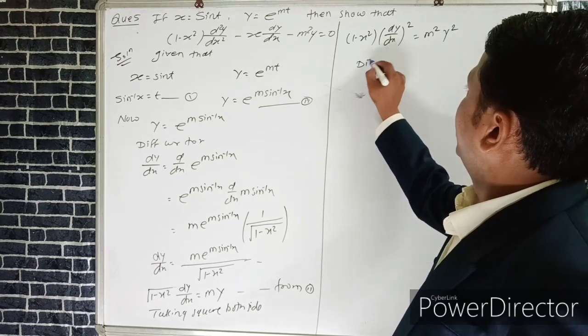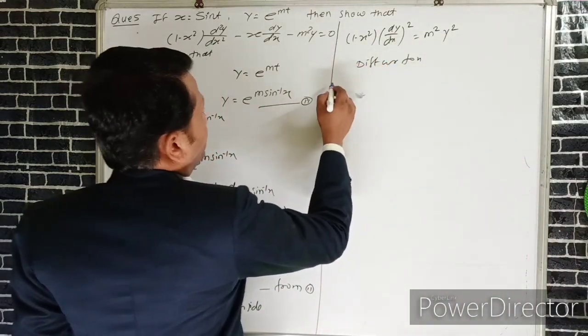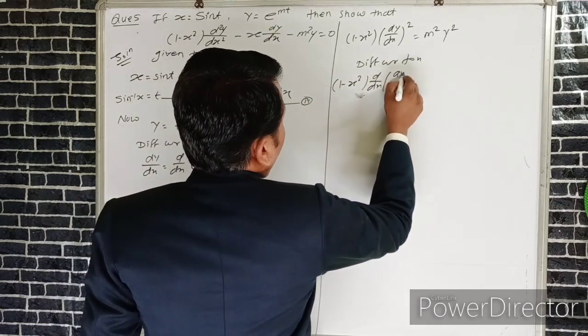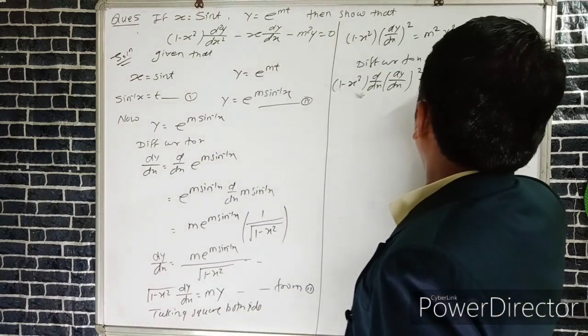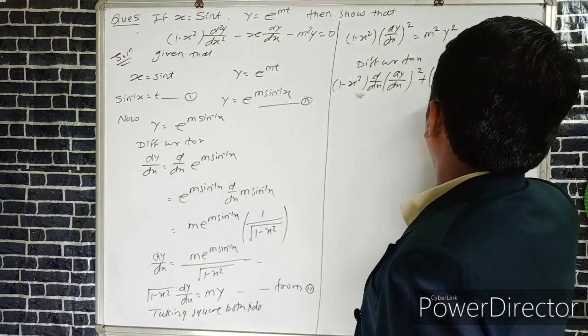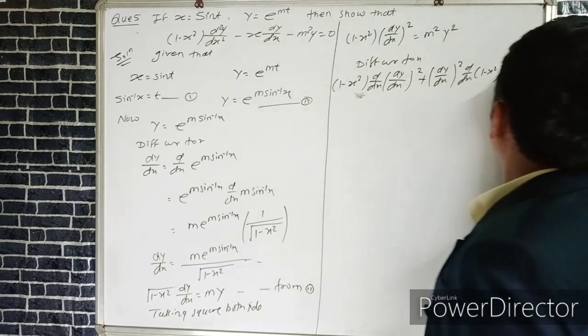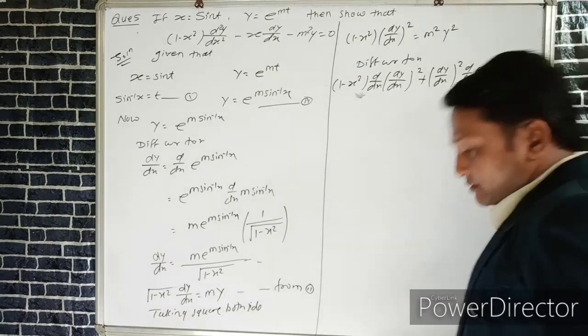Now if we differentiate with respect to x, we can apply the u into v rule: 1 minus x square into the derivative of dy upon dx whole bracket square, plus dy upon dx whole bracket square into the derivative of 1 minus x square. M square is constant and the derivative of y square is 2y dy upon dx.